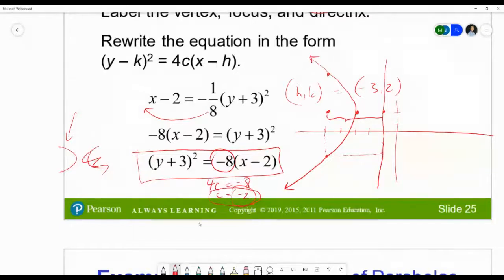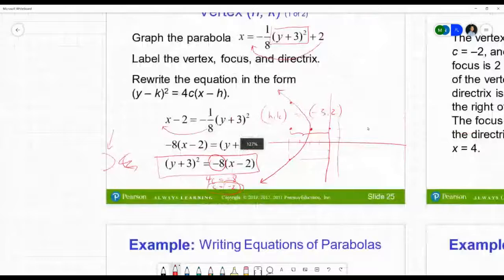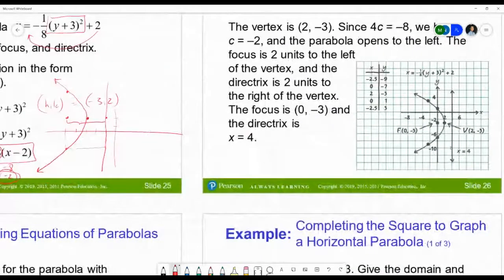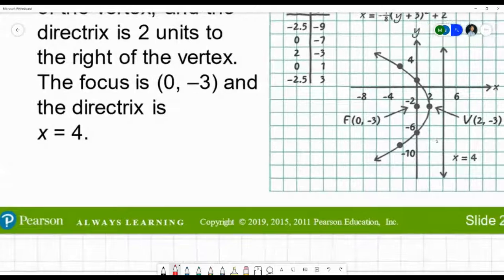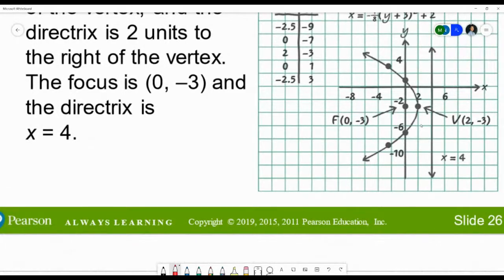Here's a better picture. You can see here, I go down 4, get to negative 6, and then up 4 to get to 2.